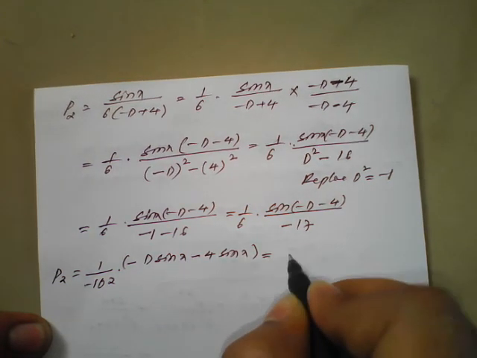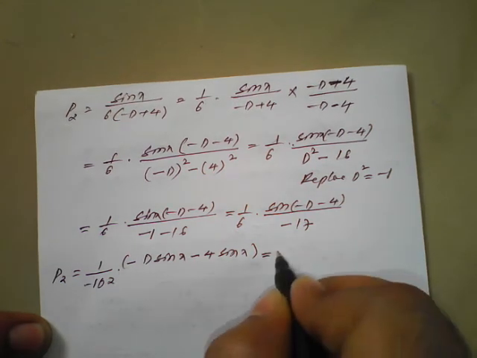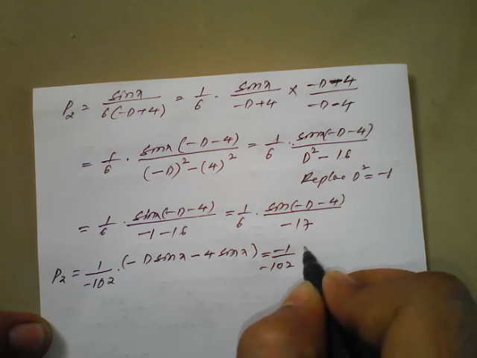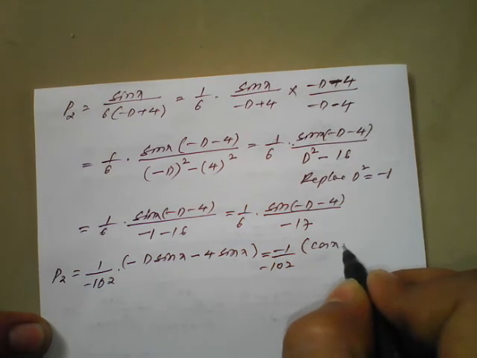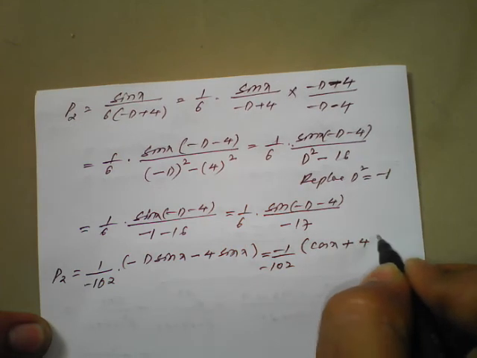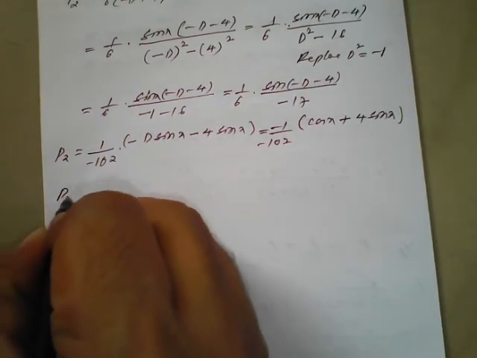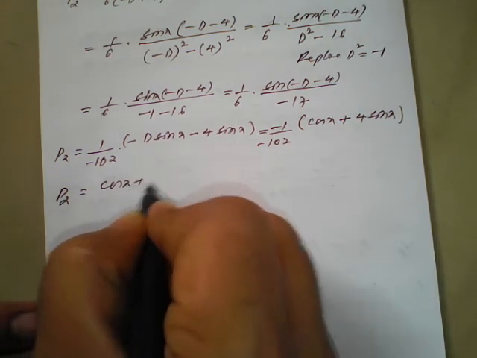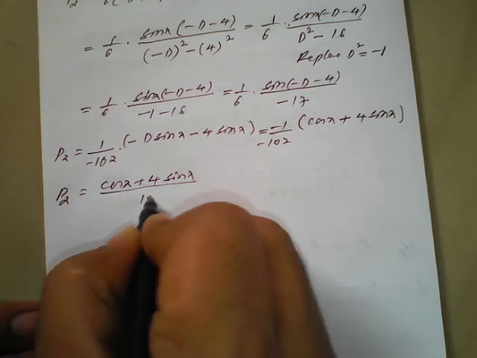Finally you take minus common, it will be minus 1 upon 102 of differentiation of sine x is cos x. I have taken the minus sign common, so it will become plus 4 times sine x. So therefore our P2 will be, minus minus cancels, cos of x plus 4 times sine of x divided by 102.